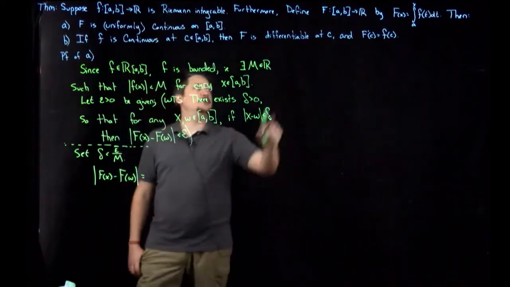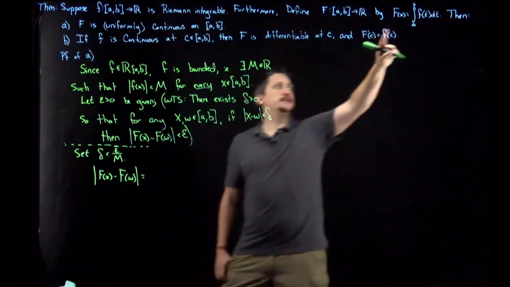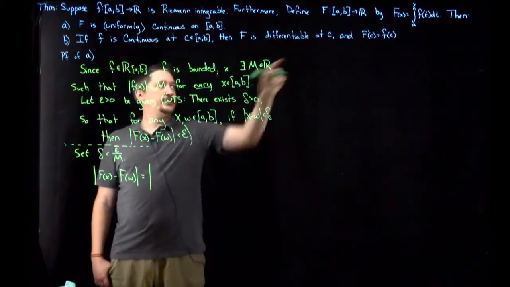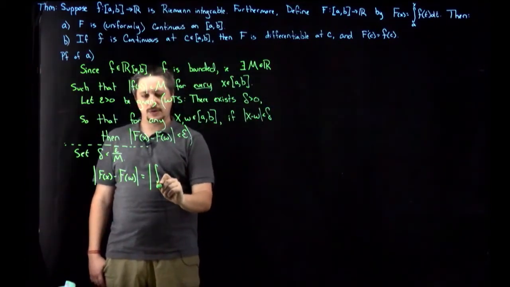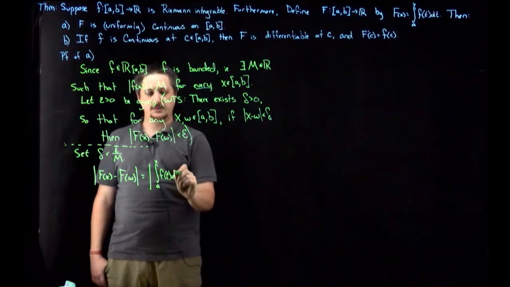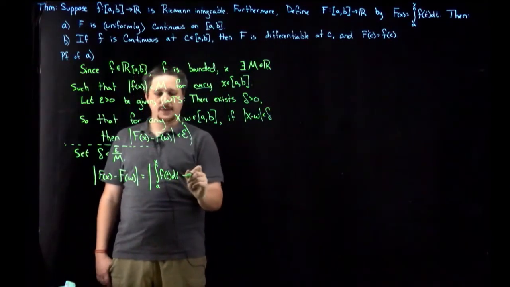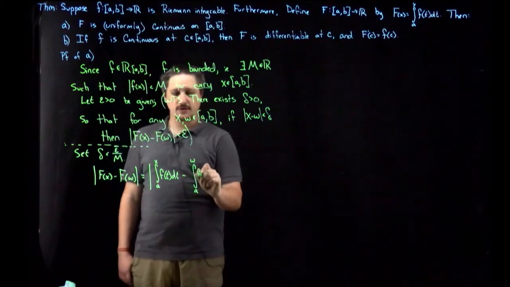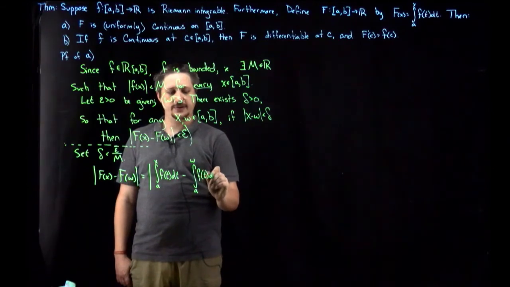Okay, what is that? Well, f is this thing, right? So this is the integral from a to x of f of t dt, that's that one, minus the integral from a to w now of f of t dt.